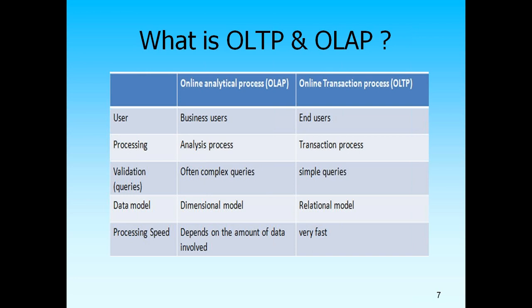Analysis process in the sense, once we build the data warehouse, it's a centralized database. From there, business users will be able to generate reports to take good decisions to improve the business or process or increase the sales, whatever it may be.